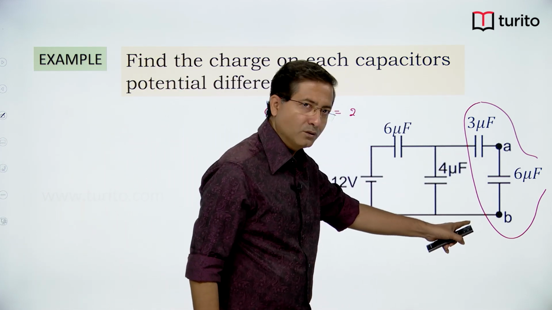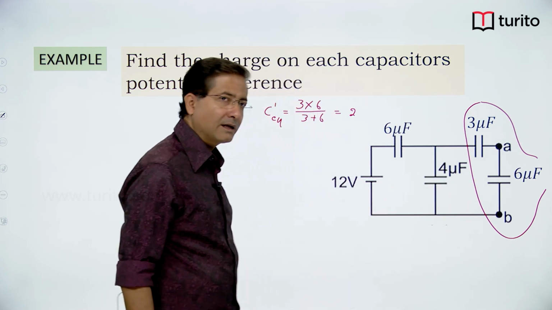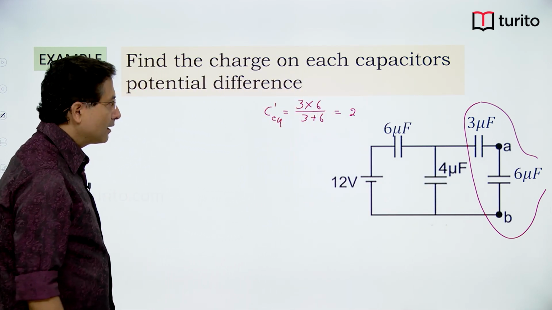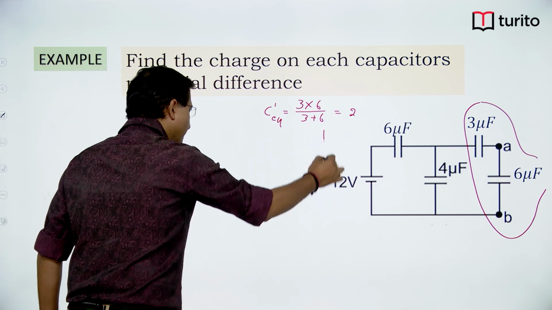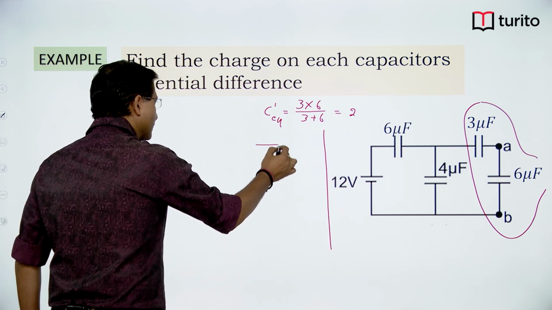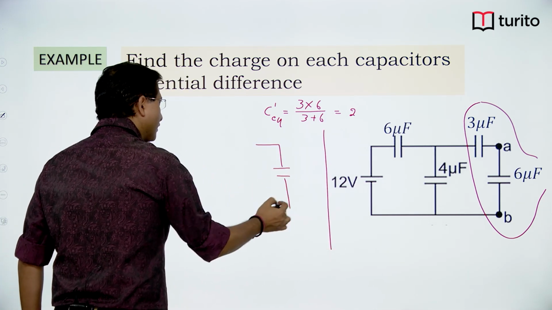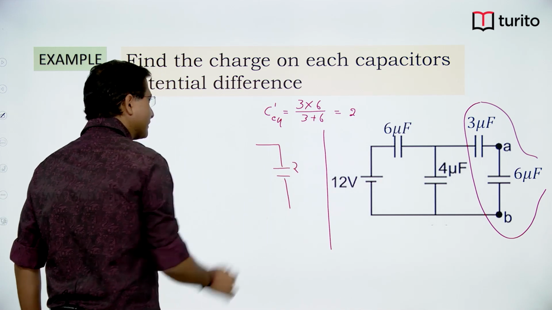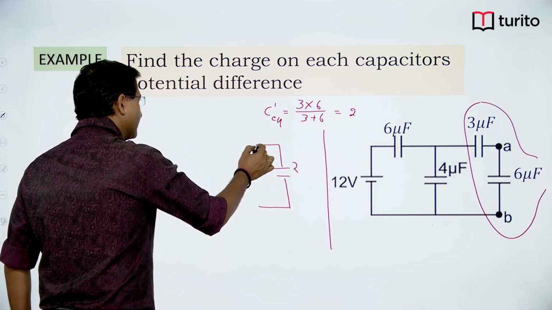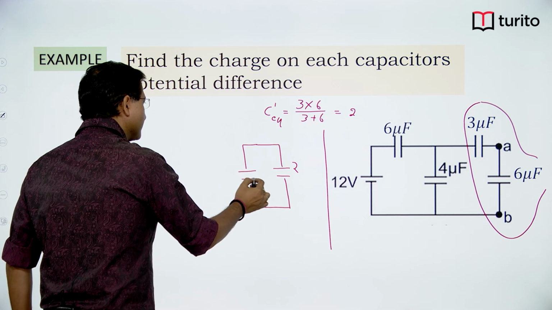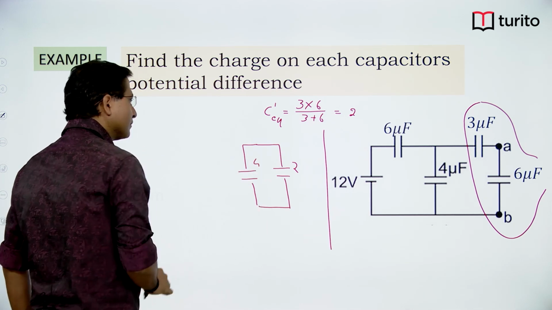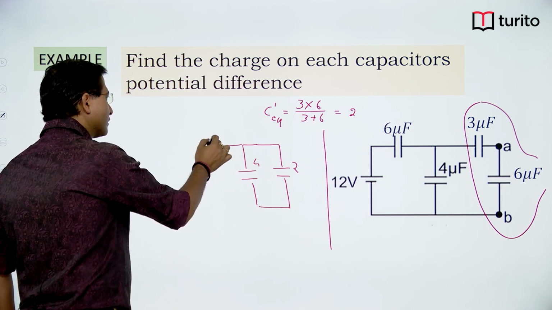If this is 2, then that 2 and this 4, they are connected in parallel. So, this equivalent we got as 2, I am writing it here, and then I am connecting 4.